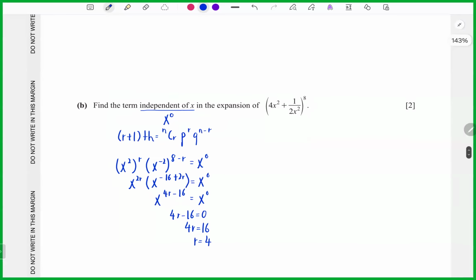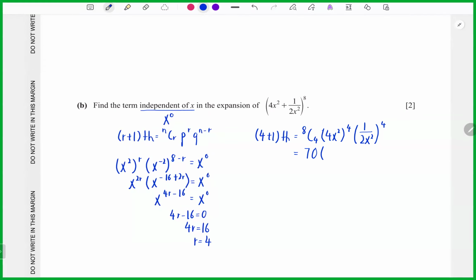Okay, so you already get r equals 4, right? So you can try here, the 4 plus 1 term equals 8C4. You can use 4x squared, here is power 4, bracket q is 1 over 2x squared, power 8 minus 4, power 4. So 8C4, you will get 70.